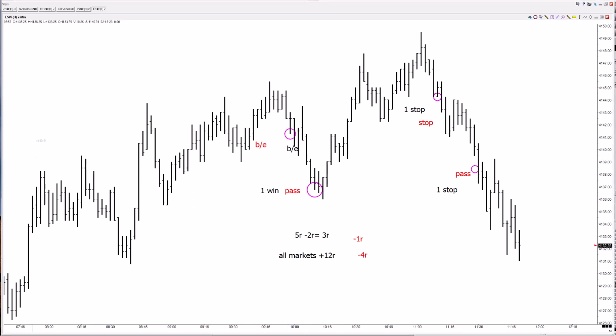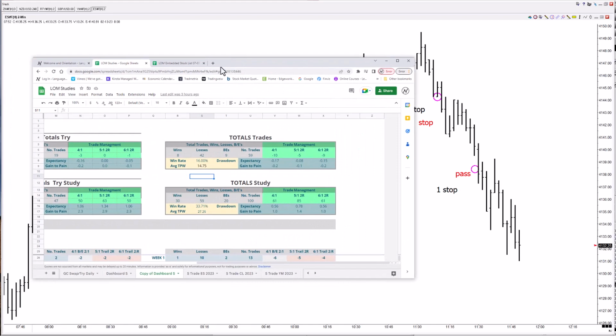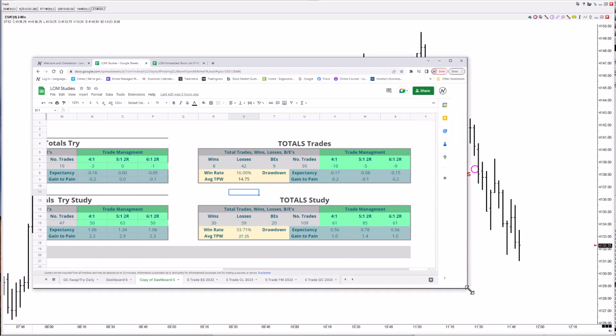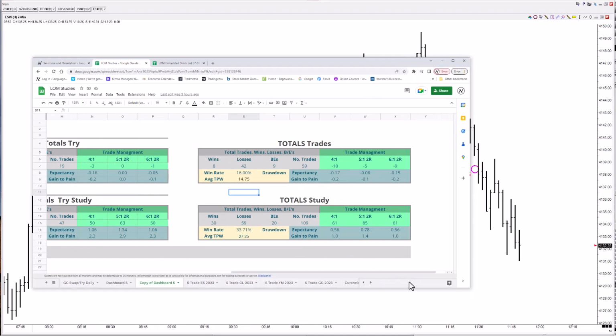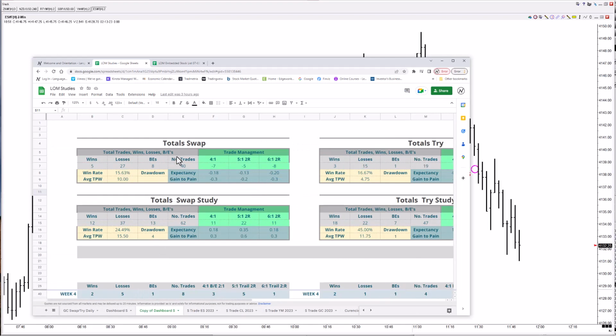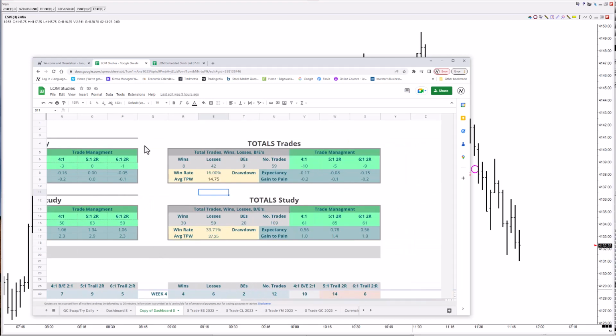Let me show you some numbers from this practice from somebody. So let's come over here. This is a spreadsheet to track this kind of thing. It's tracking each week. It's tracking the swap trade and the try trade and then the totals.